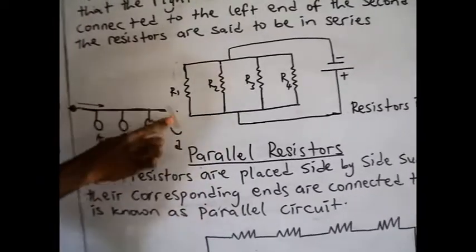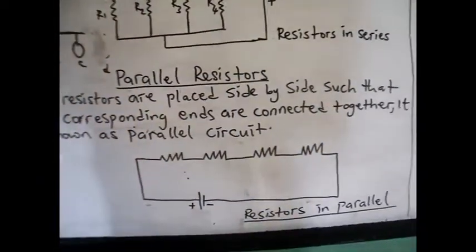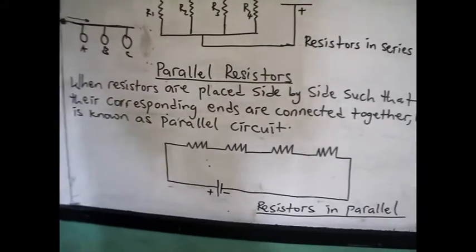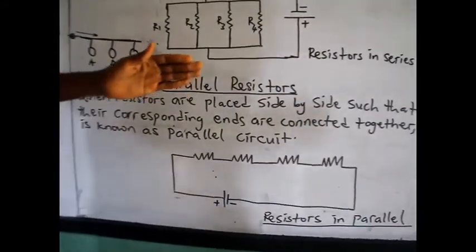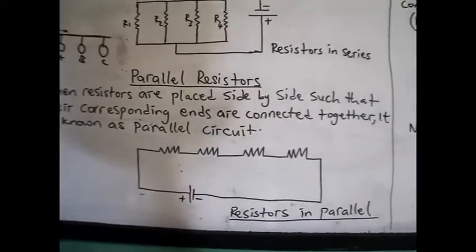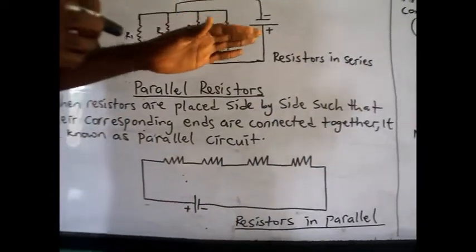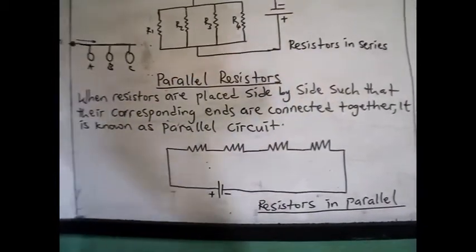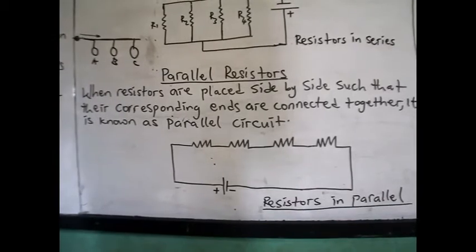All right, let's continue. So let's look at parallel resistors. When resistors are placed side by side, such that their corresponding ends are connected together, it is known as parallel.